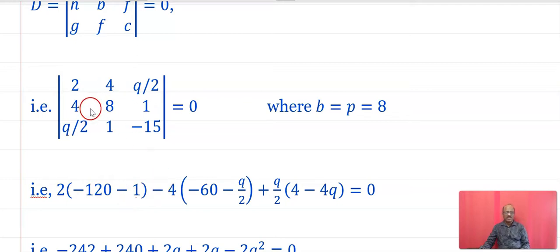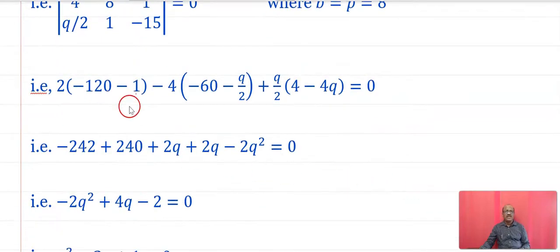Minus 4 in bracket, product of these two, 4 into minus 15, minus 60, minus the product of q by 2 into 1, that is q by 2, minus q by 2, and last is q by 2 into the product of 4 into 1 is 4, minus q by 2 into 8, that is 4, equal to 0. Now evaluate this.